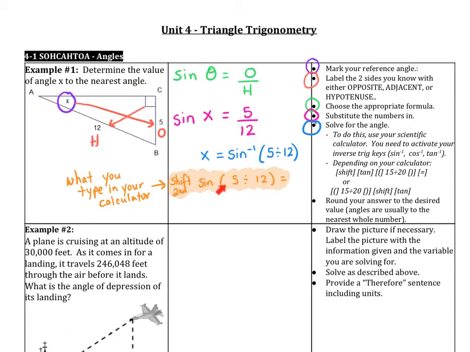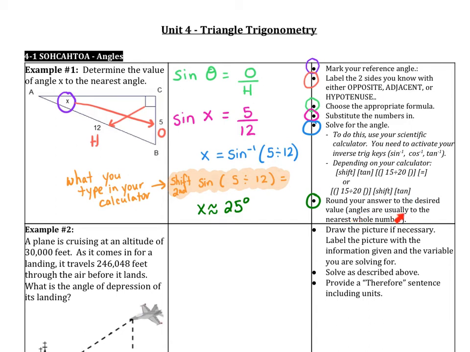Do the bracket 5 divided by 12 bracket equals first, and then do shift sine or second function sine, whichever your calculator has. Either way, you should get an answer of approximately 25 degrees. So the last step is to round your answer to the desired value.